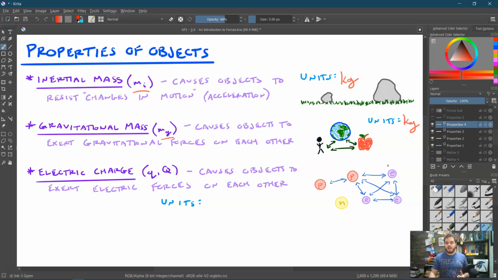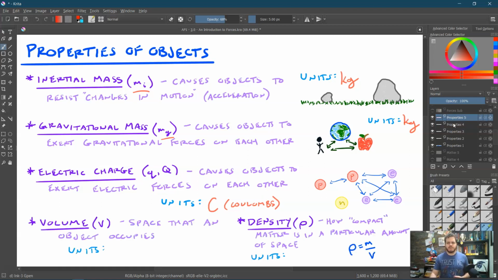And a proton and an electron would actually attract, but these electric forces still exist. Whereas you could have something like a neutron, which has no electric charge, and therefore will not experience an electric force. So not everything has an electric charge, but quite a few things do. And the units of electric charge, we abbreviate with a capital C, which stands for coulombs, spelled C-O-U-L-O-M-B-S, like Coulomb's law. Most of you should be familiar with that.